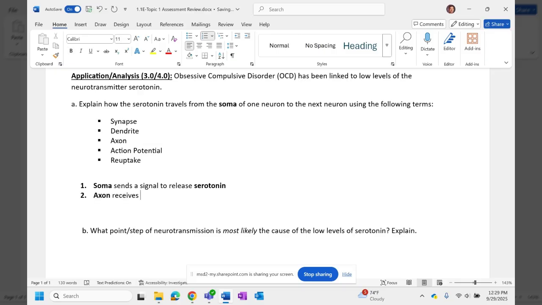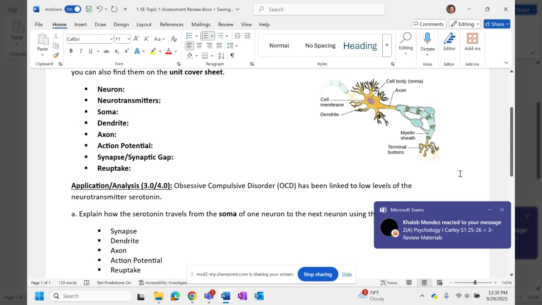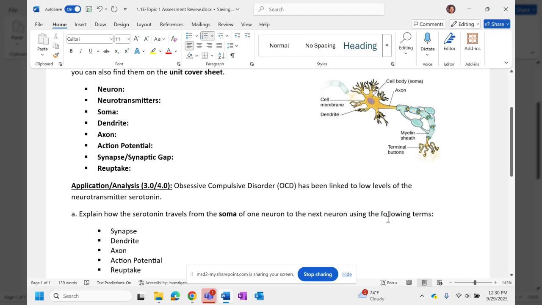Remember that game we played? That was the idea, to give a physical creation. The axon receives the signal and creates action potential in the terminal buttons. Terminal buttons was not a term before, but it's one that you're probably going to want to know.